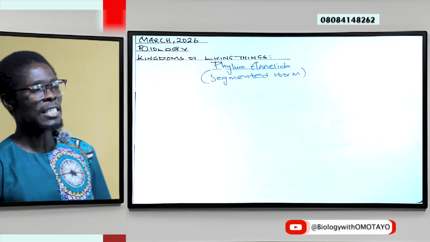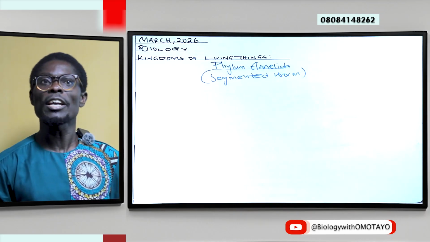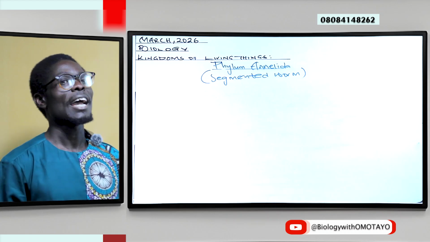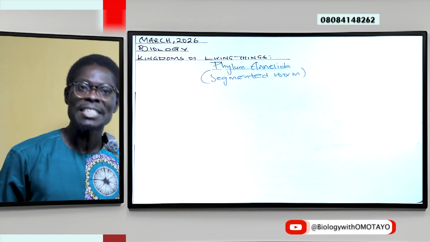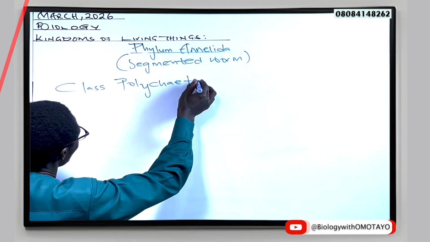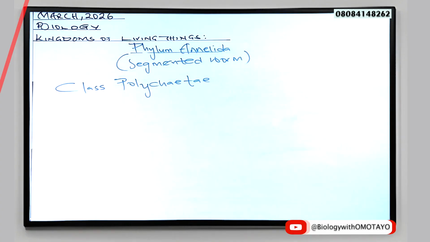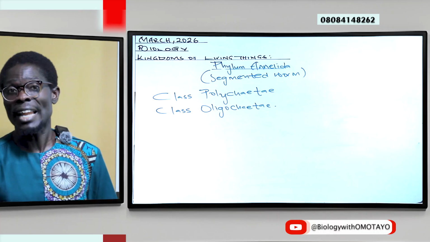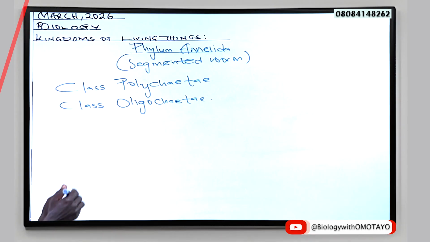We have class Polychaetae, okay? We equally have the class Oligochaetae, and then we have the class Hirudinae. I said the first one, the first class Polychaetae, and then from there, class Oligochaetae. And then the last one, the class Hirudinae.